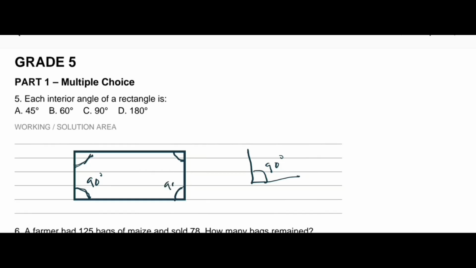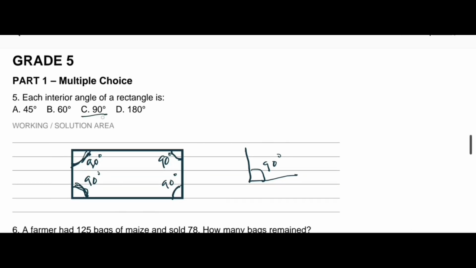So here is 90 degrees, this place is 90 degrees, this place is 90 degrees, this place is 90 degrees. Do you understand? So each one of them is 90 degrees. So the answer is C, 90 degrees. Do you understand?